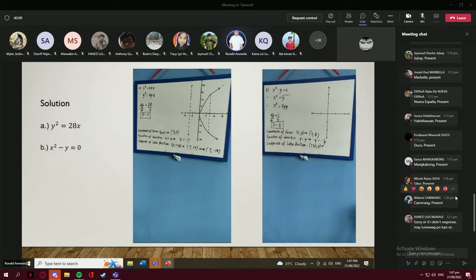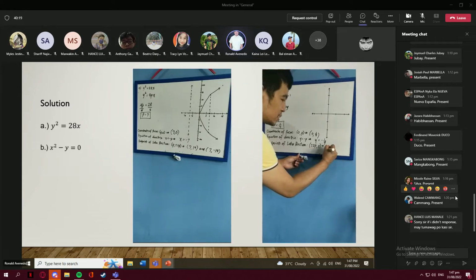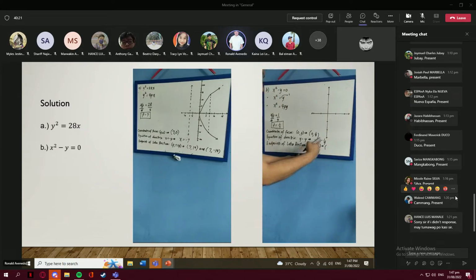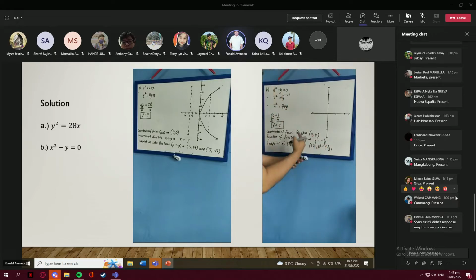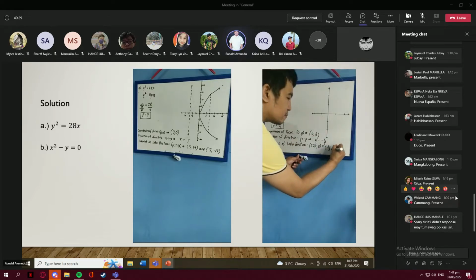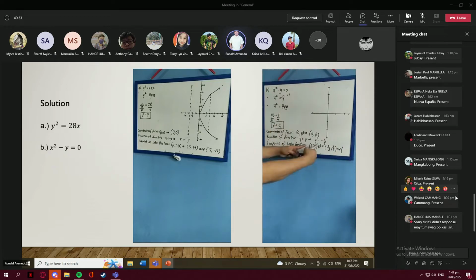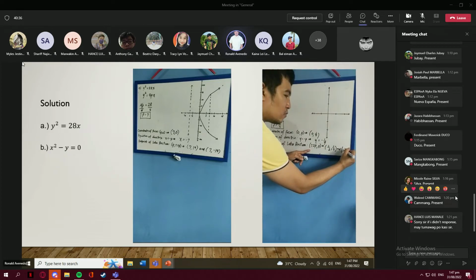Endpoints of latus rectum, we have positive and negative 2p, then p. So first point, using positive, 2 times 1/4, that is 1/2. So 1/2, then p is 1/4. Then the other point is negative 1/2, 1/4.